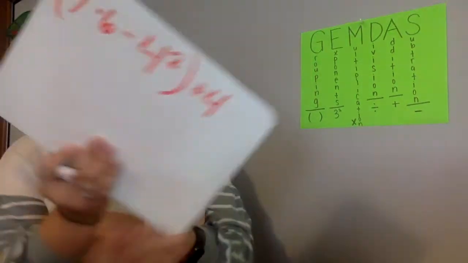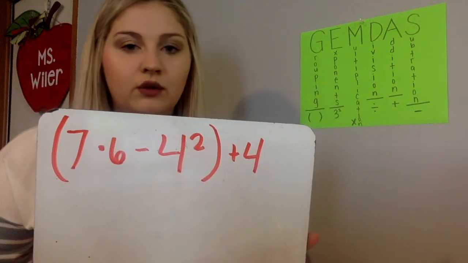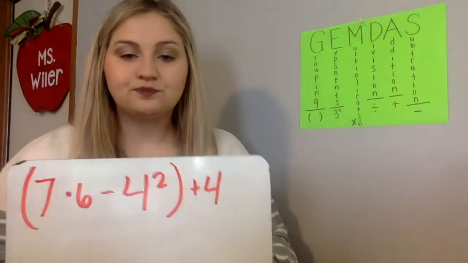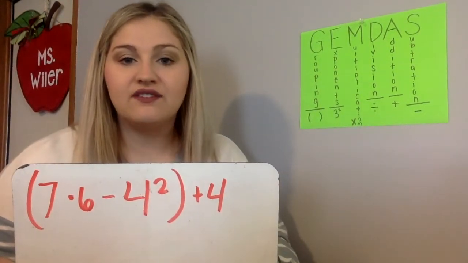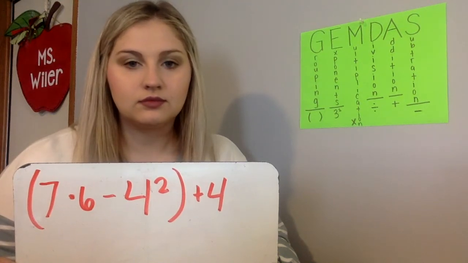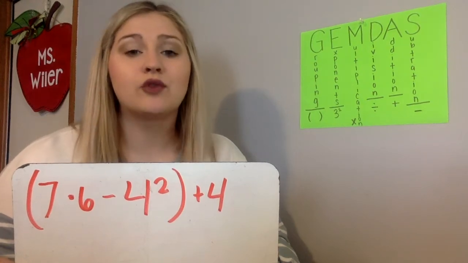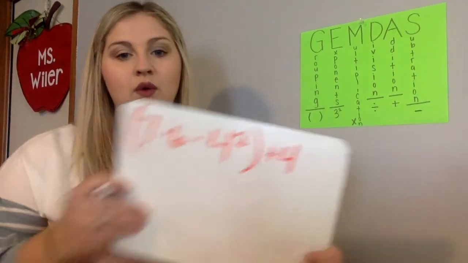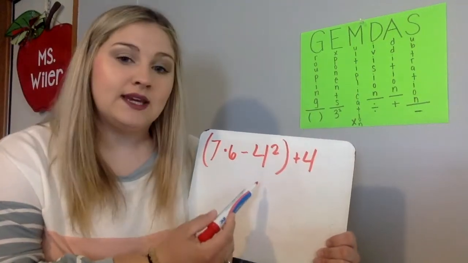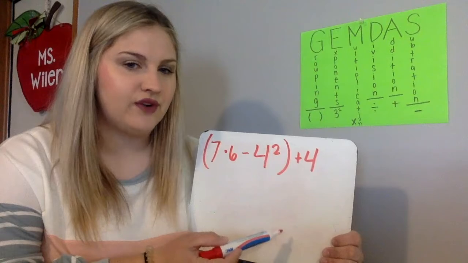All right, so we've got this written down, if you're looking at your paper, number 2. So what do we see at the very beginning of this problem? We see parentheses, so that means we have grouping that we need to solve for. But within our parentheses, which part do we need to answer first?